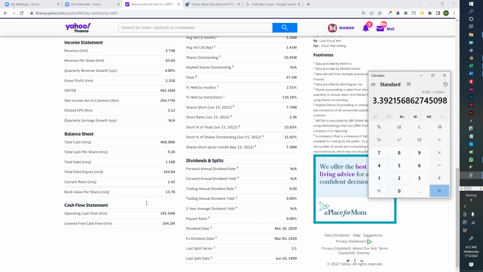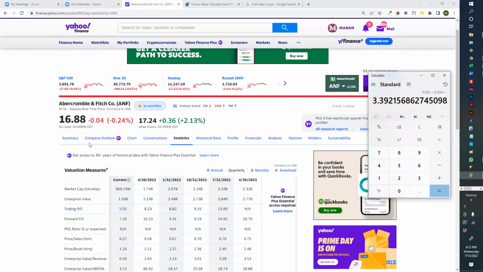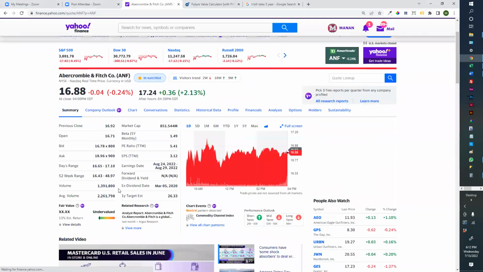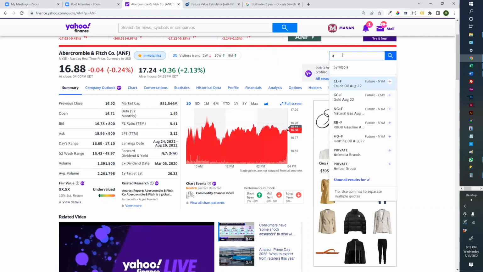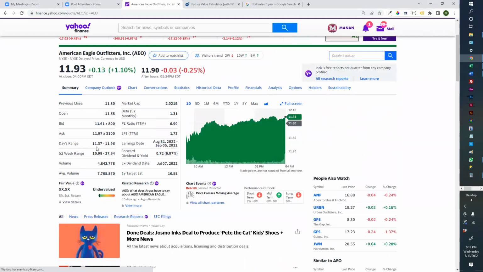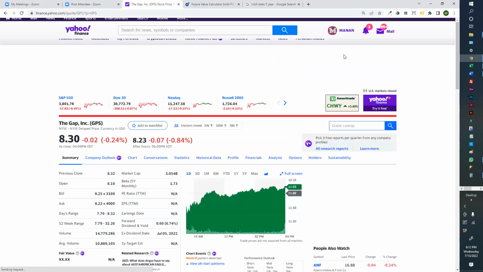So if I have to pick one company in clothing, I will go for Abercrombie because they have the least debt. And all of them are trading at a 52-week low. American Eagle is trading at a 52-week low, probably near there. Gap is probably trading at a 52-week low.